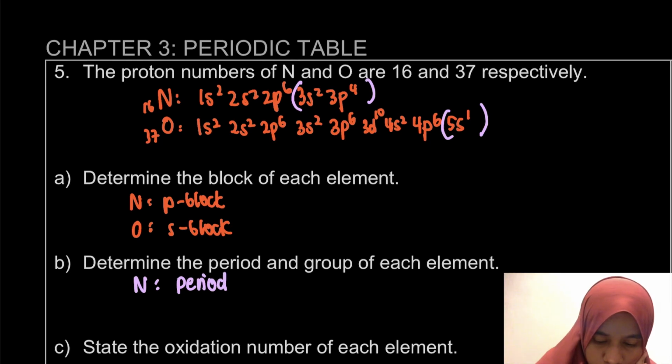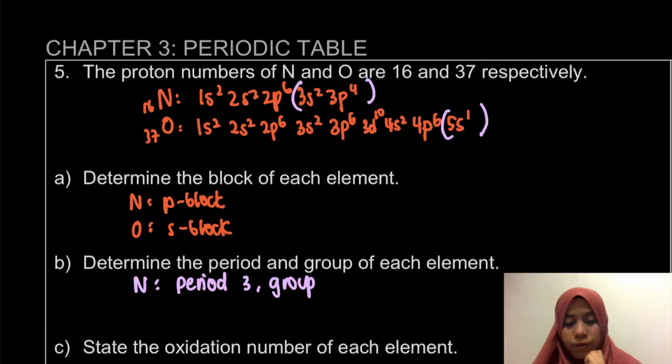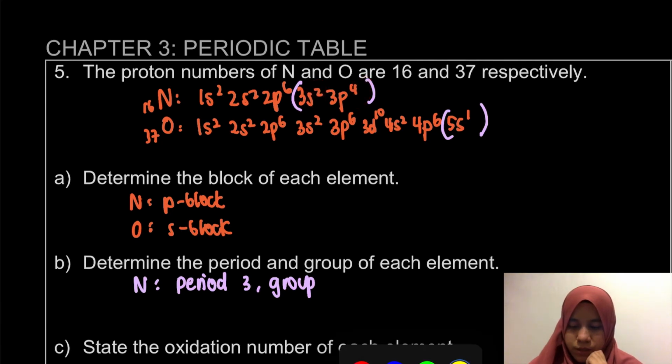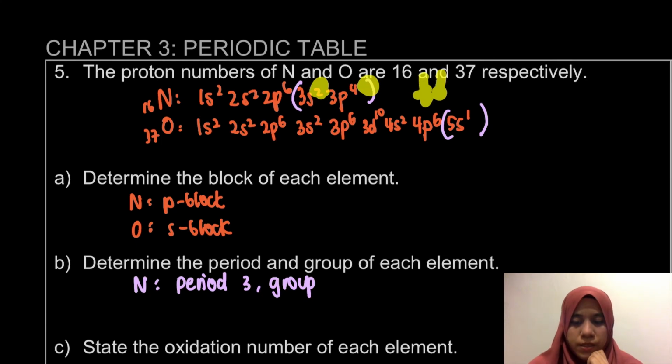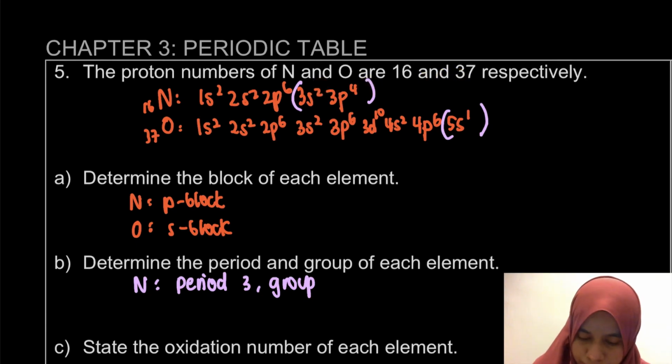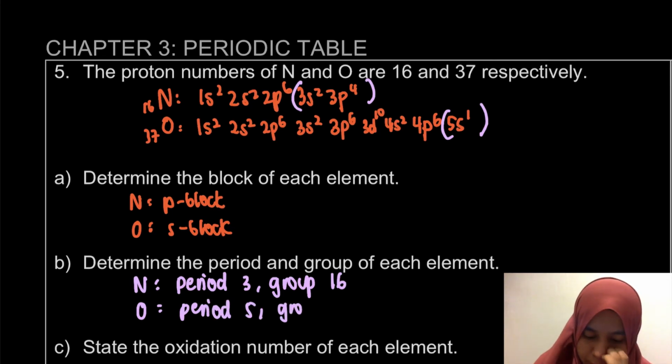O is period 5. For group, for P block, we have to add in S plus P plus 10. So it is actually group 16. How about O? O is period 5, the highest, and group 1.